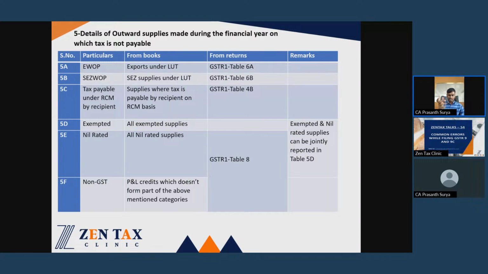So even if you report here the FD interest as exempted supplies, the department will straight away issue notice saying that you are liable to a common credit reversal under Rule 42 or 43, and you have not done that. So please be mindful that if you are reporting any transaction in 5D or 5E, make a computation under common credit reversal and reverse it through DRC03 then and there.